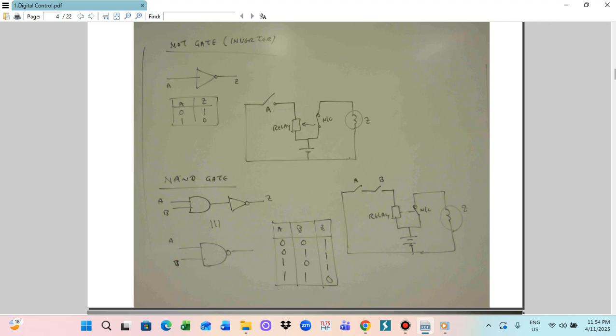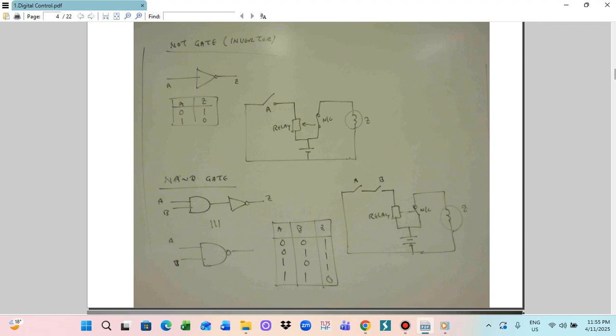After that, we also utilize the NAND gate. The NAND gate function uses a combination of the AND gate and the NOT gate. Use the AND gate here. This is A, B, and this one is the opposite. The NAND gate is the opposite of the AND gate. The AND gate function is A0, B0, Z0.